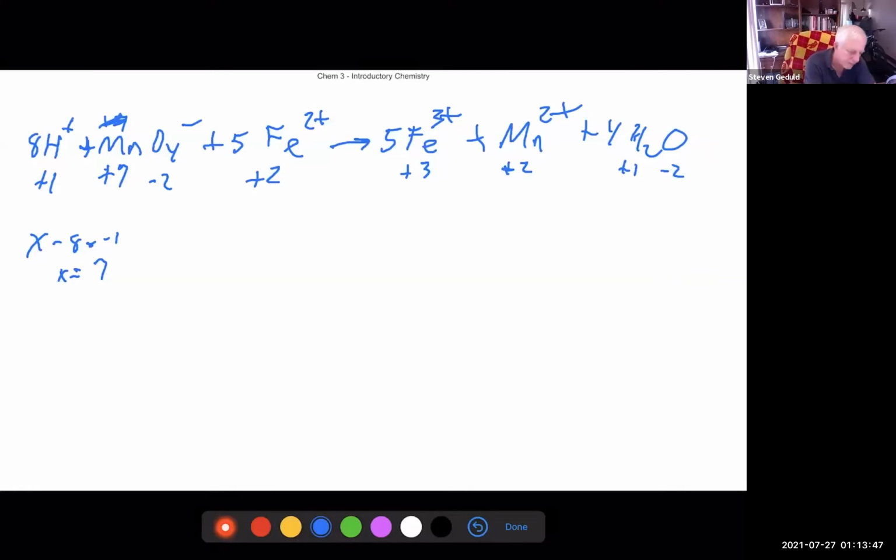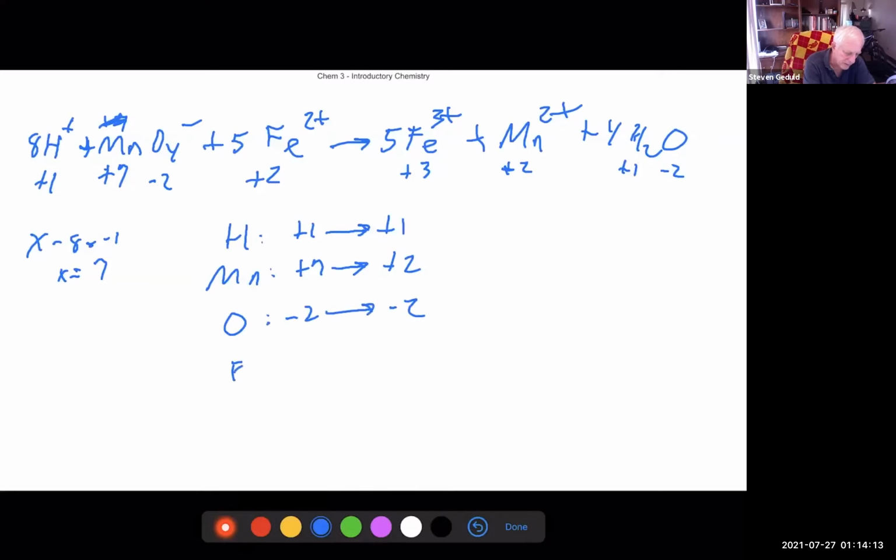Hydrogen went from +1 to +1. Manganese went from +7 to +2. Oxygen went from -2 to -2.